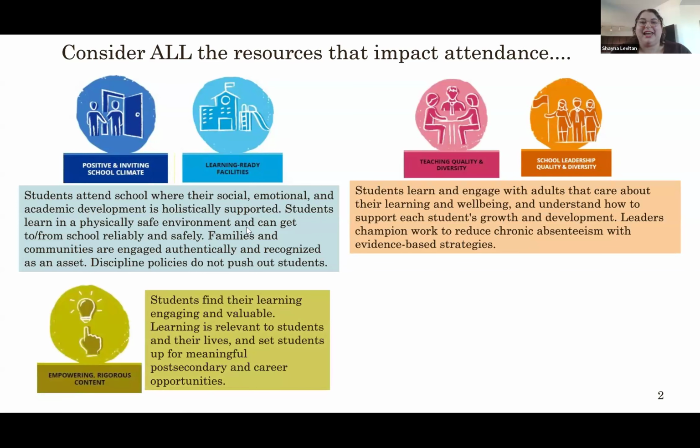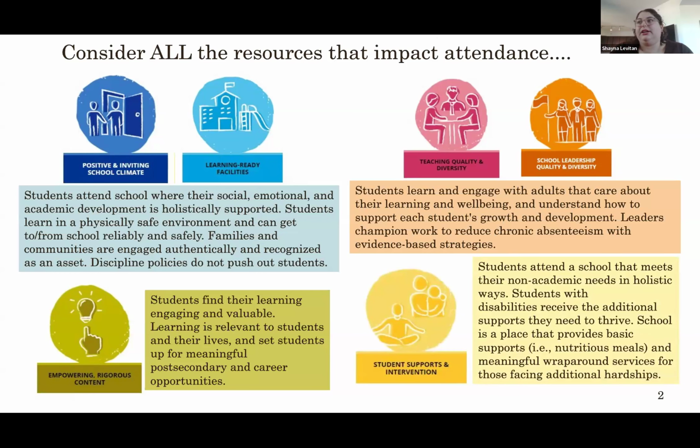Next, do students understand the value of showing up to school because they find their learning engaging and relevant to their lives? Do they understand whether learning is relevant to their next step, whether that be a meaningful post-secondary opportunity or a career?